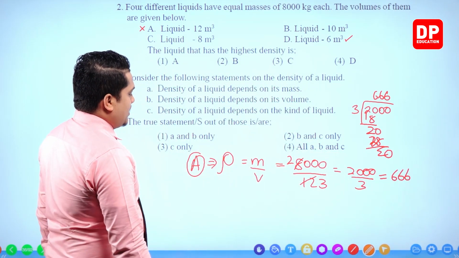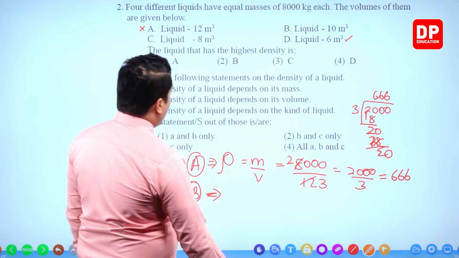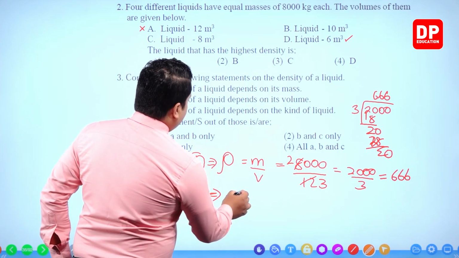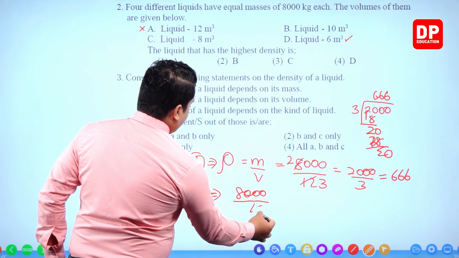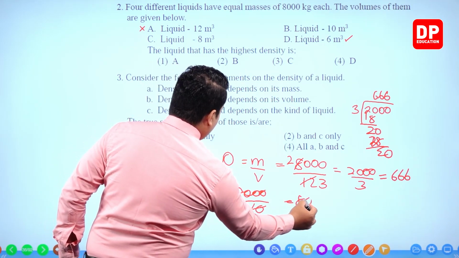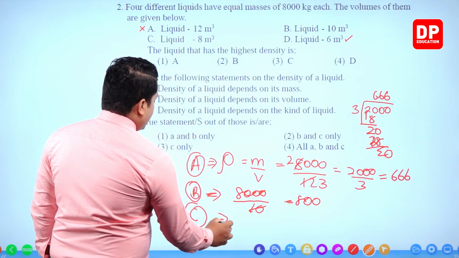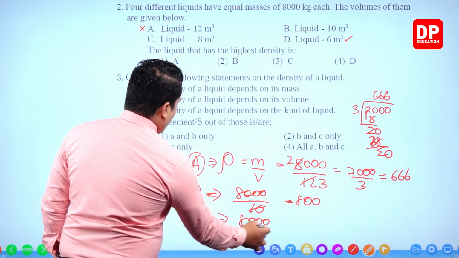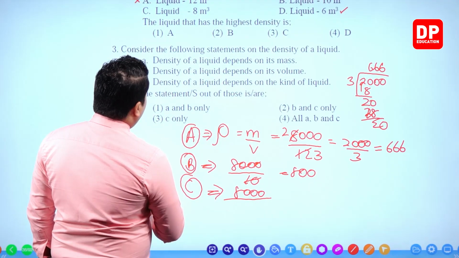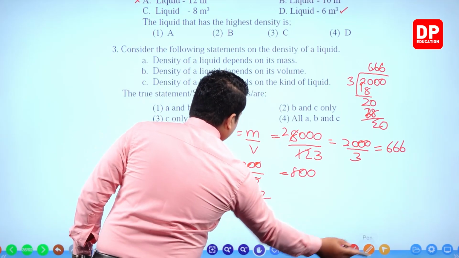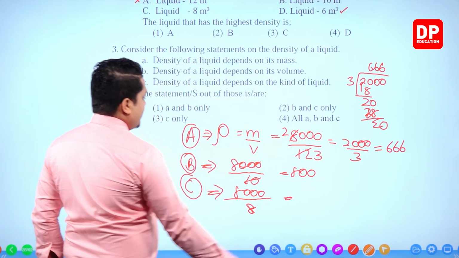It's very easy. Then B, once again the same, you have to divide 8,000 by 10. It's very simple. 800 is the answer. Then in C, you have to divide 8,000 by 8, which is equal to 1,000.